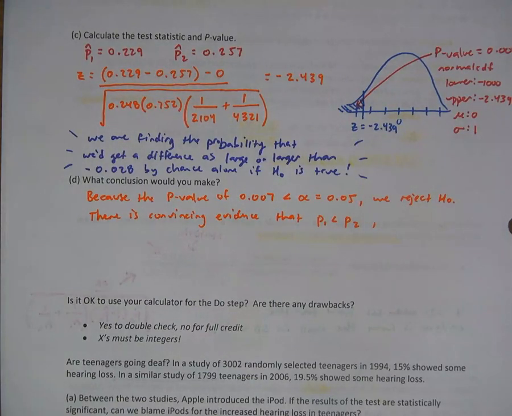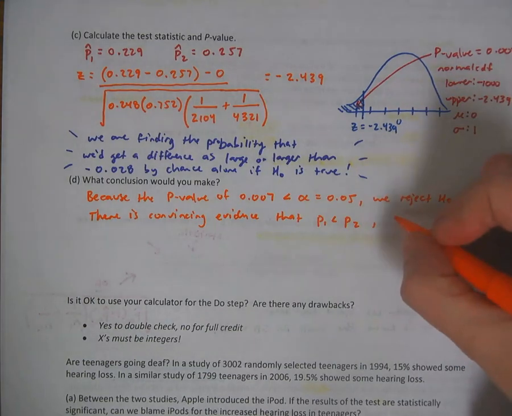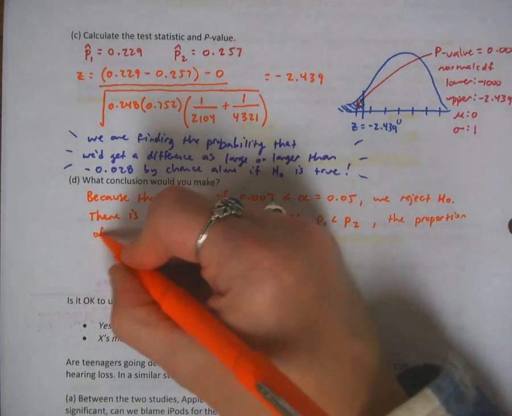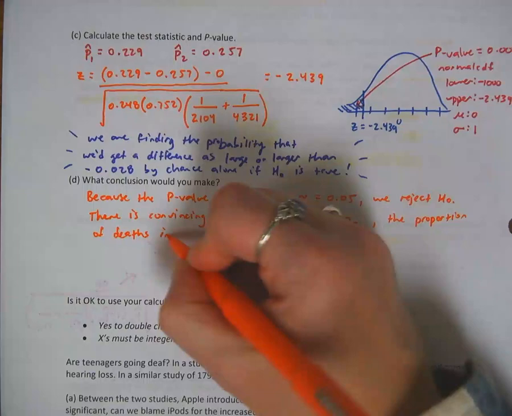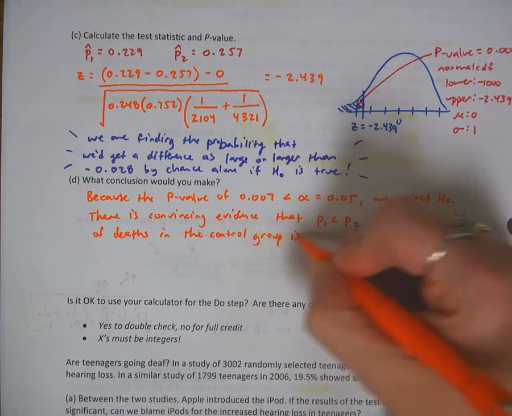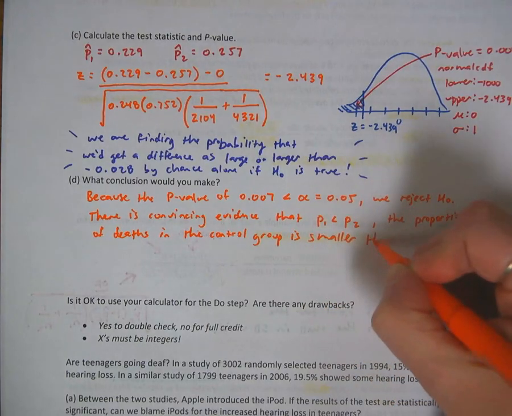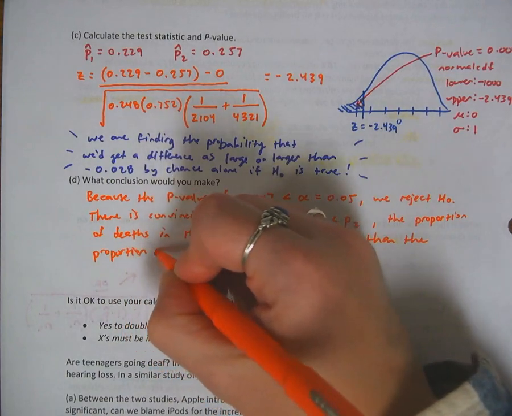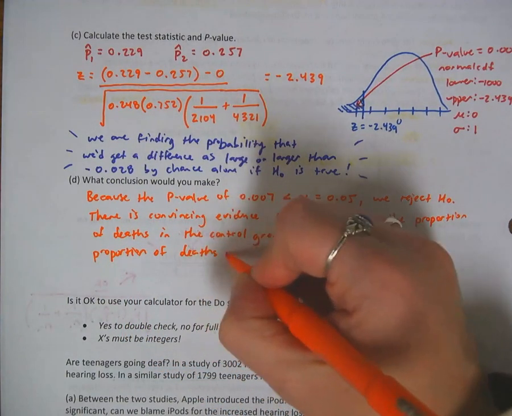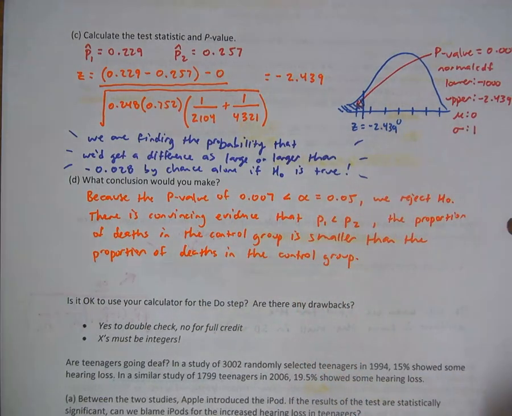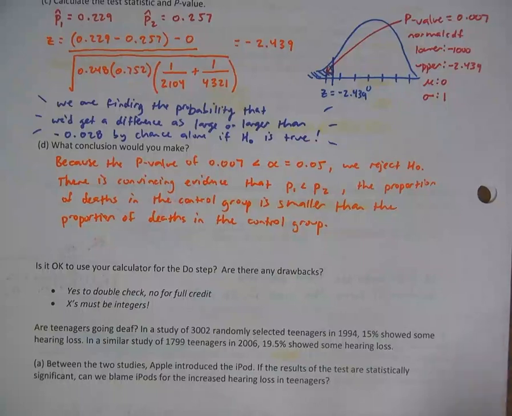The proportion of deaths in the drug group is smaller than the proportion of deaths in the control group. And that's as succinct as I could make that answer there.